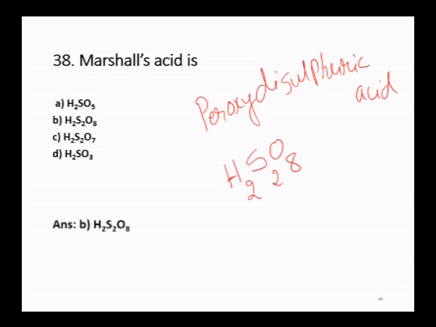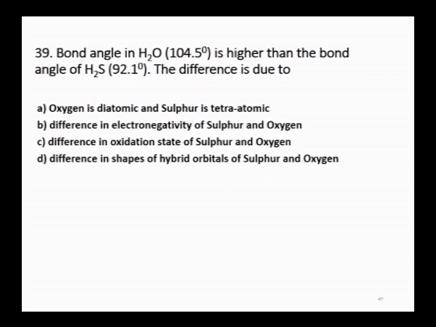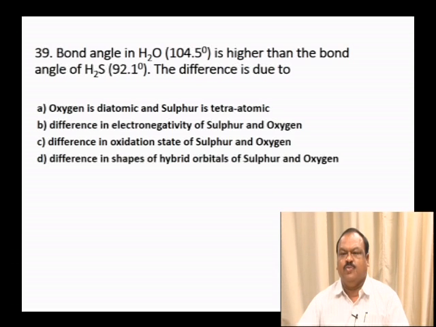Next, the bond angle in H2O is 104 degrees 28 minutes, or 5 degrees, which is higher than the bond angle of H2S, 92.1 degrees. The difference is due to the structure of water.